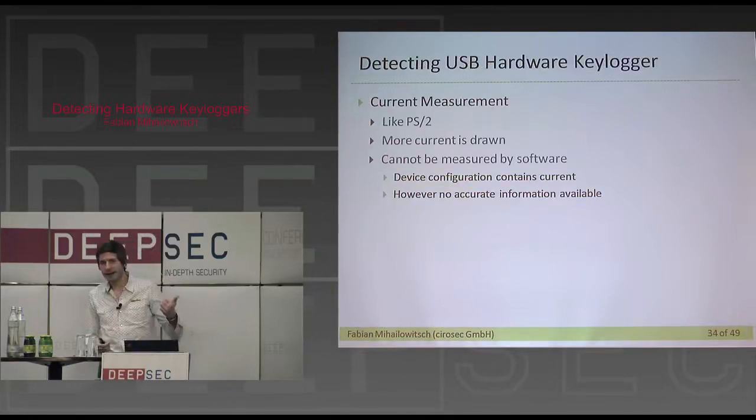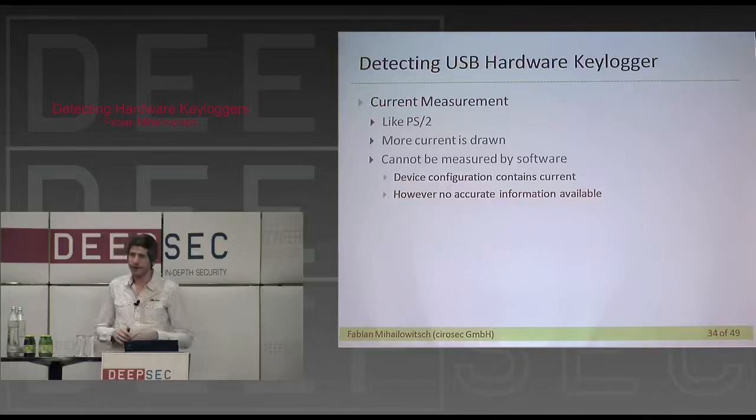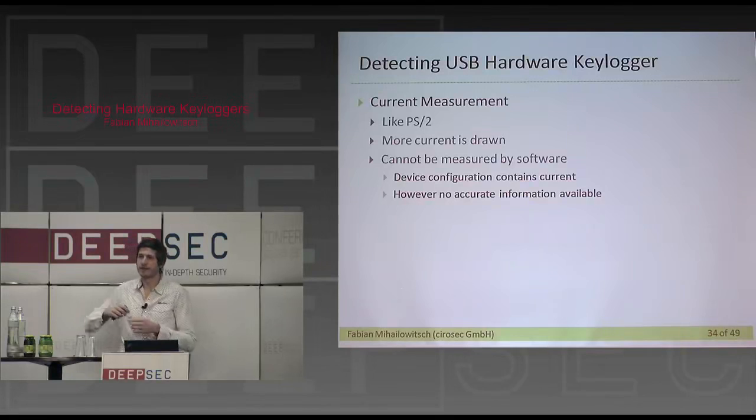So basically, I had some similar ideas for USB as I had for PS2. I thought, if you look in the Device Manager, that's cool, you actually can see how much current a device draws. So maybe we can detect keyloggers. But the problem is, the Device Manager doesn't show how much current is really drawn. It just shows the value the device sent during its configuration.